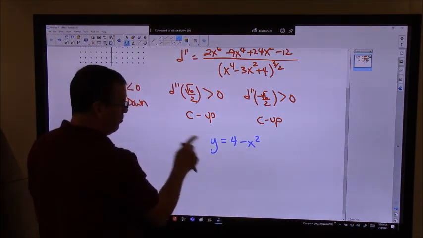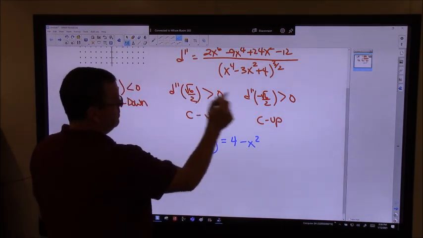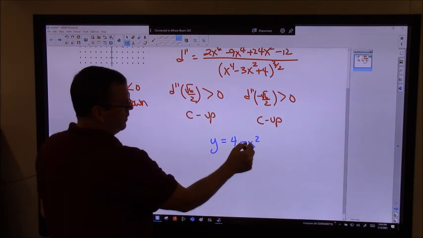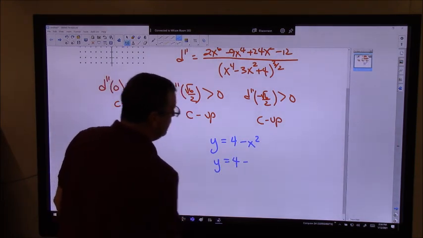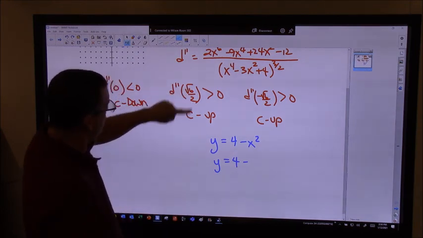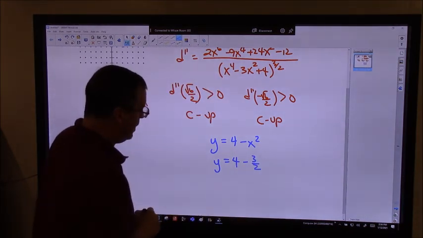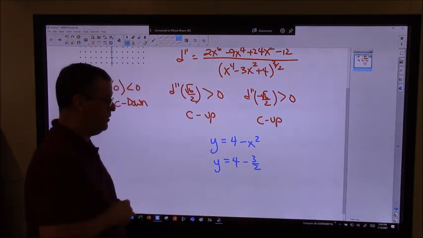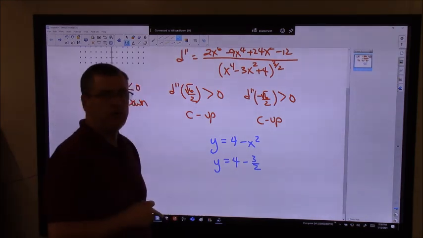I'm now looking for the y coordinate. So whether I put positive or negative in here, I'm going to square it. So I'll get the same thing. So y is going to equal 4 minus, let's see, if I square that, I get 6 over 4, which is 3 halves. And 4 minus 3 halves, that's going to be 2.5. Or if you want to, we can call it 5 halves.